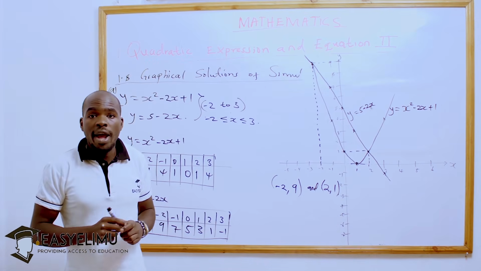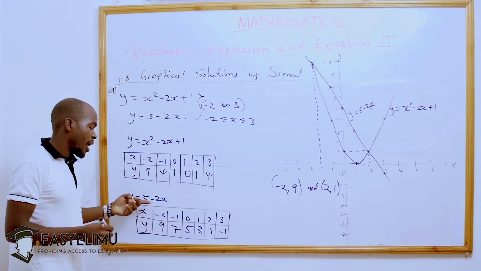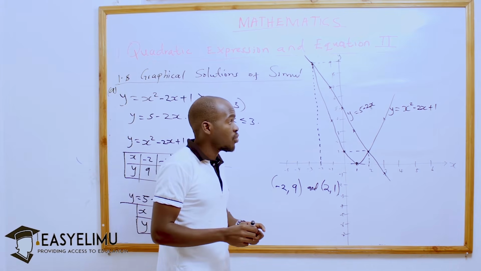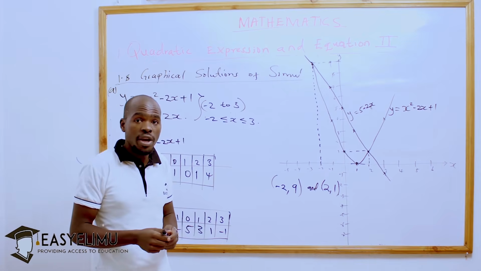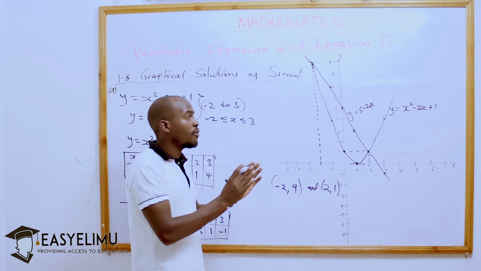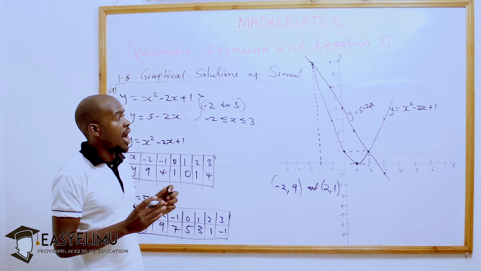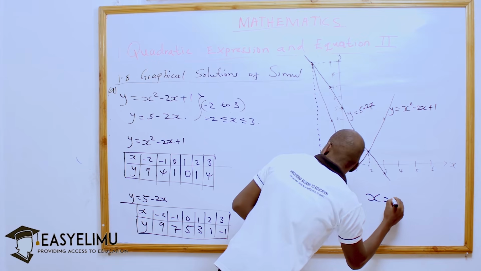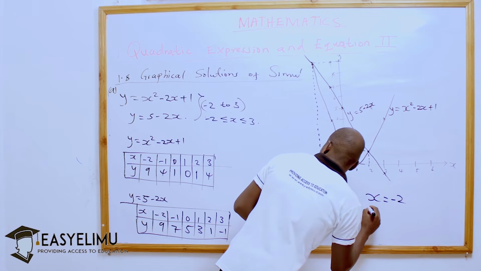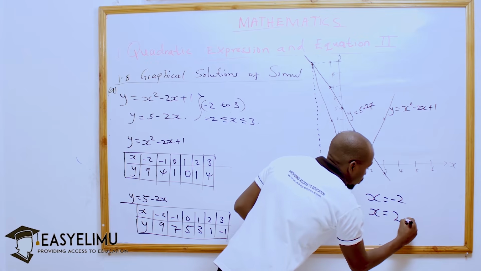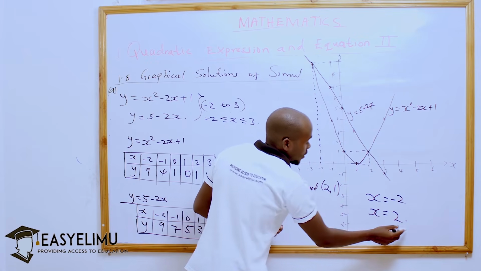That is where the linear function y equals 5 minus 2x cuts the quadratic function y equals x squared minus 2x plus 1. So we can say the solution for this quadratic function and the linear function is x equals negative 2, and the other x is equal to 2. The solution is this one.